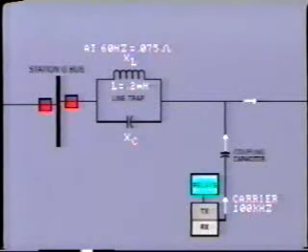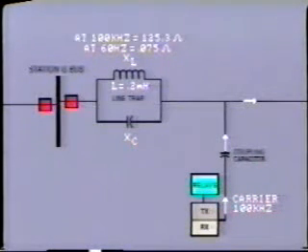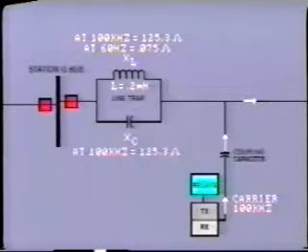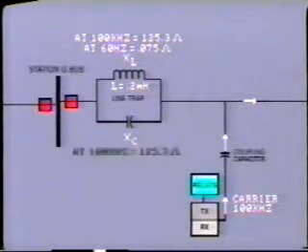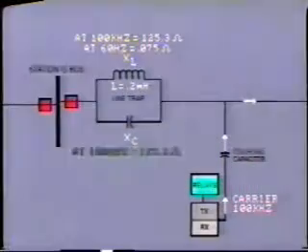At a selected carrier frequency of, say, 100 kilohertz, the inductive reactance will be 125.3 ohms. So in order to provide resonance, we need to select the size of our capacitor so that it will produce a capacitive reactance of 125.3 ohms at a frequency of 100 kilohertz.